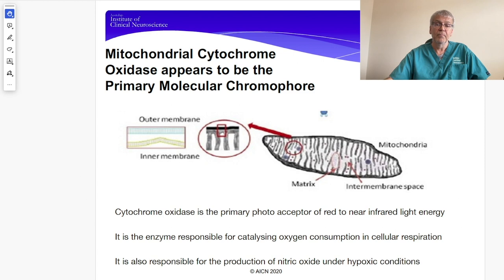Now, cytochrome oxidase, which is an enzyme inside the mitochondria, is one of the primary photoacceptors of the light in the frequency range, or the wavelengths, that we're talking about. It's also the enzyme that's responsible for catalyzing oxygen consumption in cellular respiration.